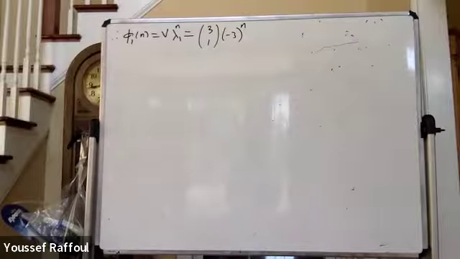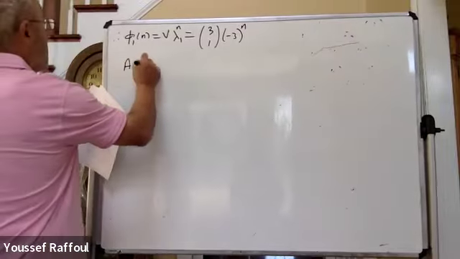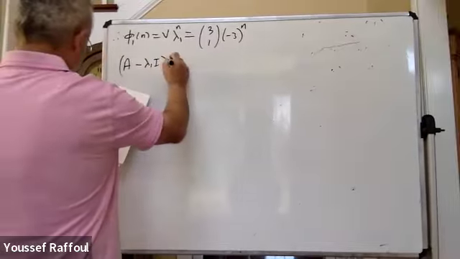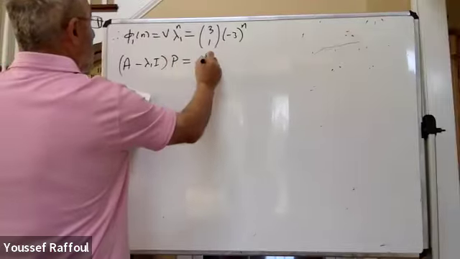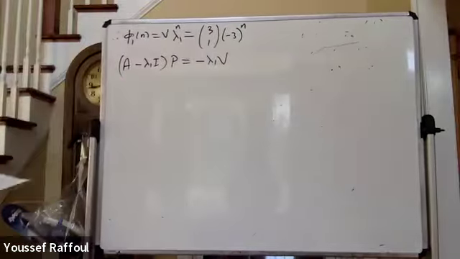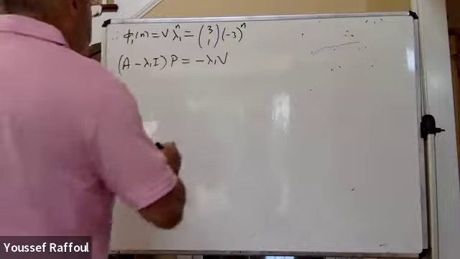Okay. So we're going to use now A minus lambda 1 I P equal to lambda 1 V, sorry.